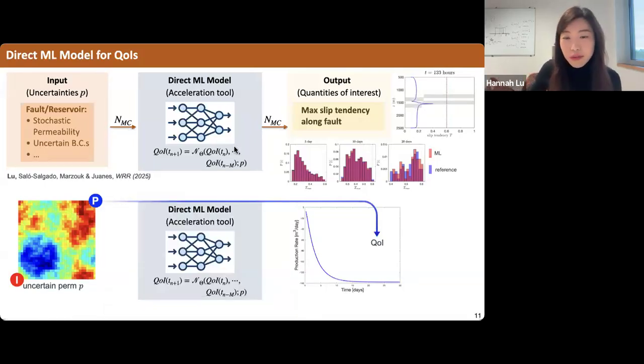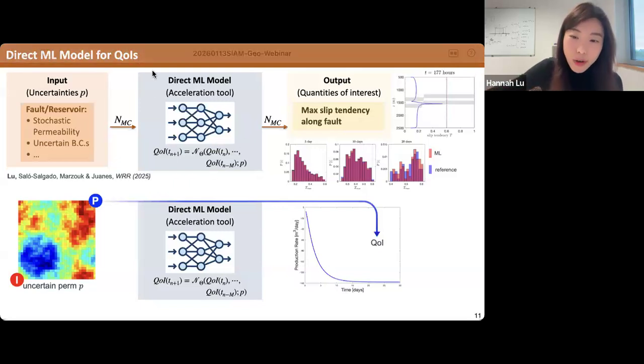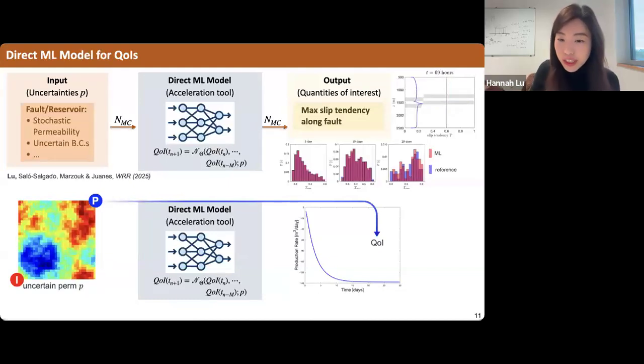Of course, we can use the same framework as I described before to replace the full field pressure simulation by partial history of the quantity of interest with a parameter.